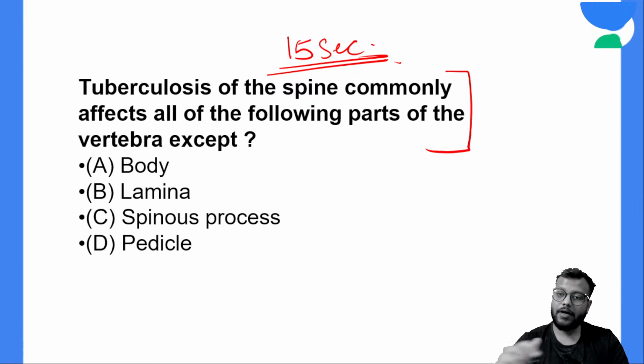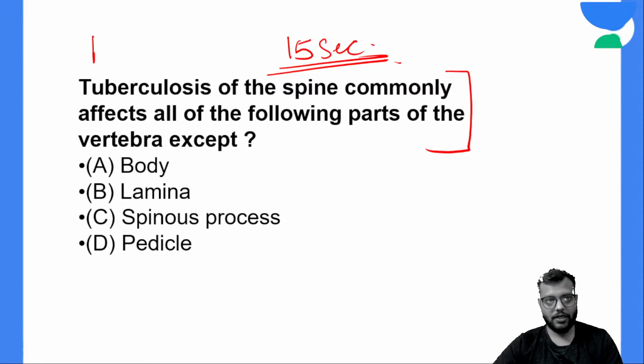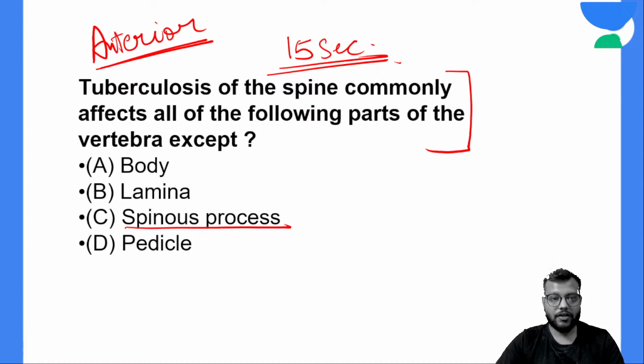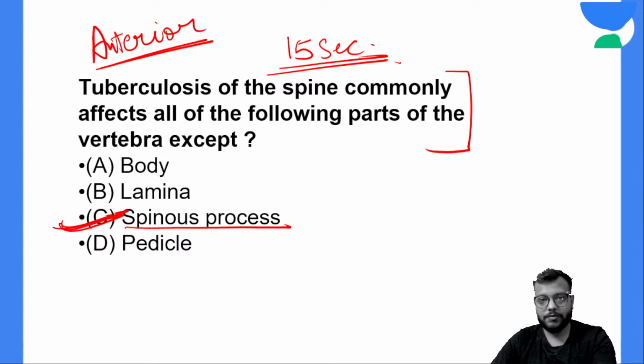Okay, so remember, I'm telling you from the starting of the session only, it starts anterior, most common is anterior. The posterior-most part is the spinous process, so it will be the least commonly affected part, so the answer here will be spinous process.